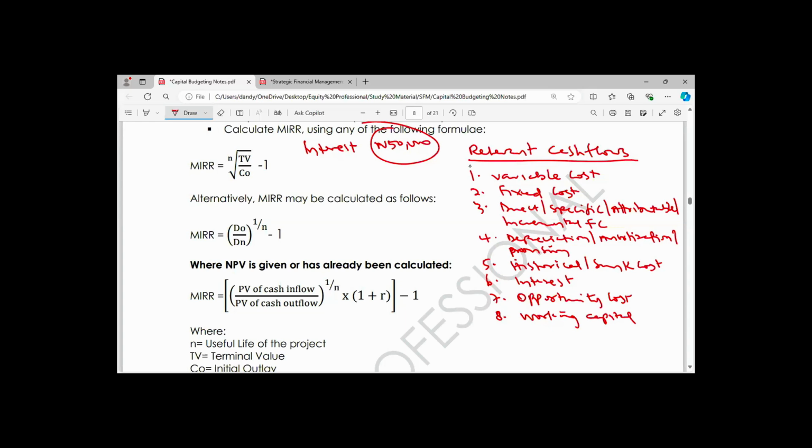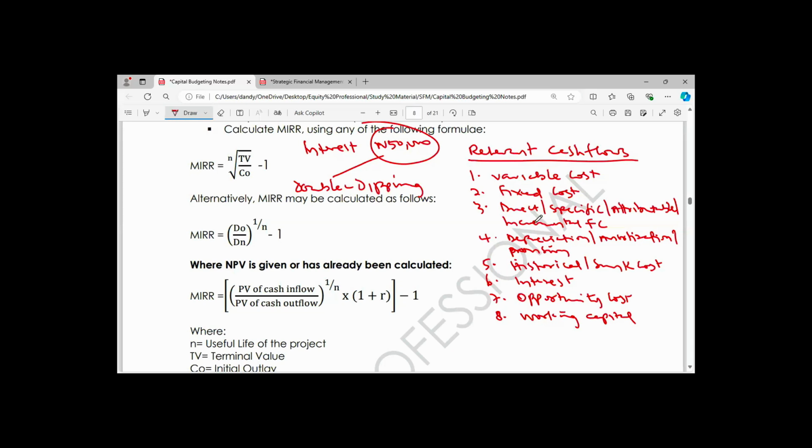Your KD is your interest, cost of debt. Therefore, when you are appraising a project, the naira amount of the interest should always be ignored, because if you include the interest, it means that you are treating interest twice. That means you are double dipping, and that is not permitted. Double dipping simply means when you treat something twice.